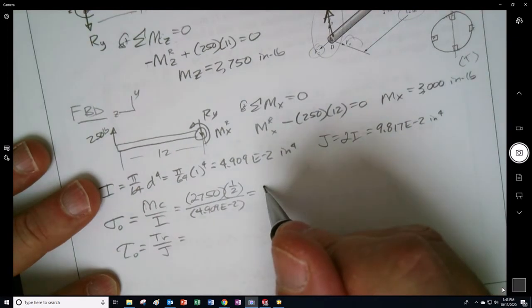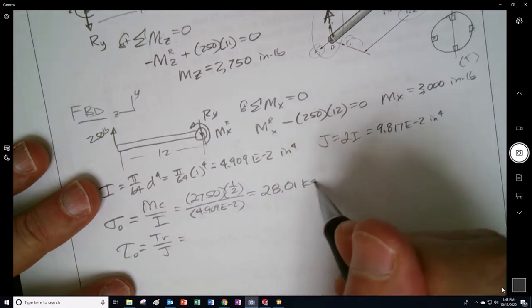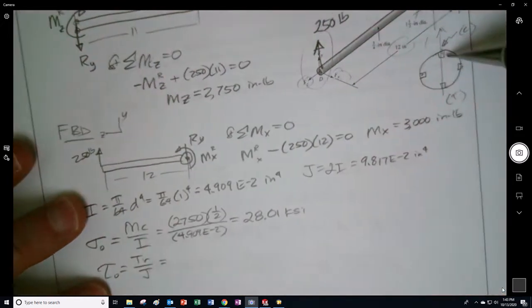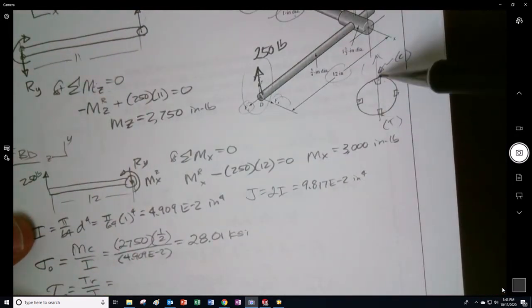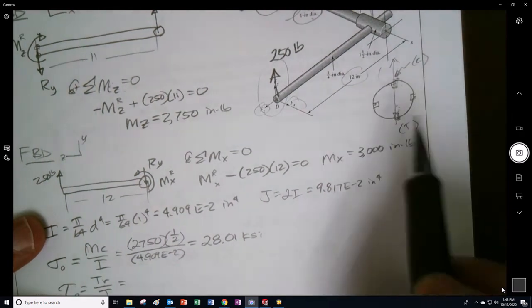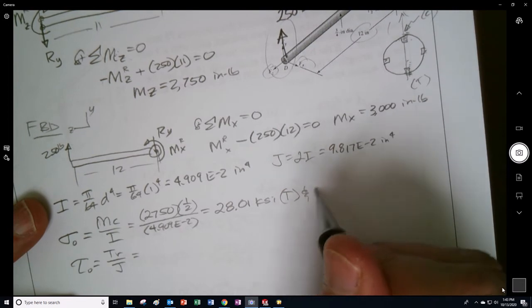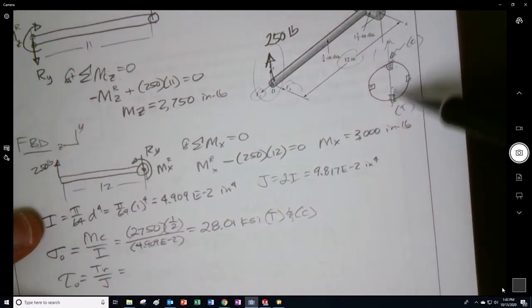And that comes out to be, I'll turn it into KSI, and that's going to be both tension and compression. But it turns out most things, if they're going to break, break because of tension and not because of compression. We'll see for this cast iron in a second that that's going to be the case. So we could say that this is T and C, depending on which point you talk about. It's compression up here, tension down here.